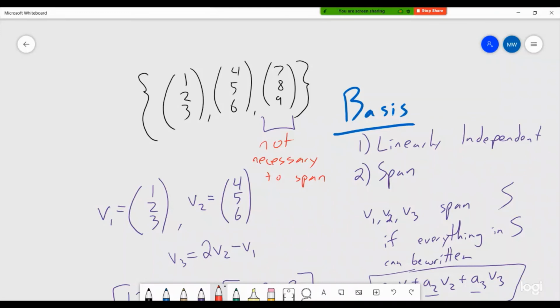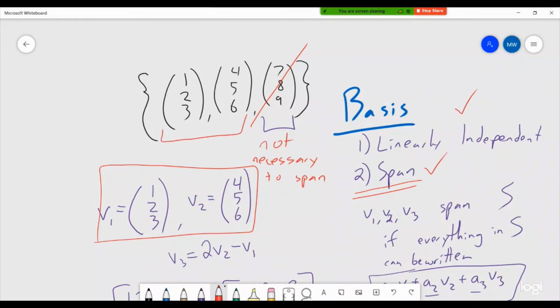So that means if we remove this, the span did not change. But these other two vectors do still span the set. So if we only have these two vectors here, they still span, and we've shown that they are linearly independent. So that tells us that only these two first vectors are enough to be a basis. And so that's what that would show.